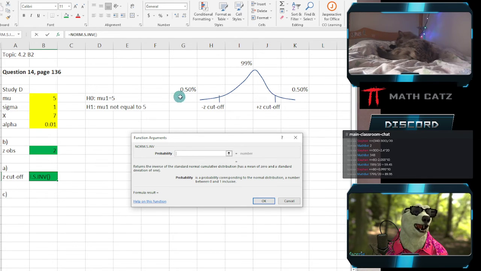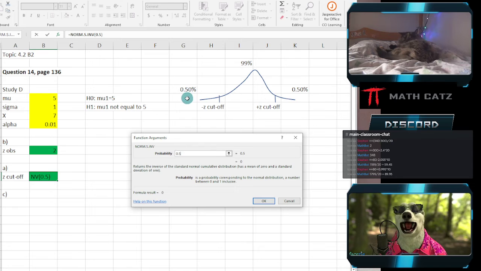Now I can just say 0.5. That's not quite right, because this is a percentage. And when I use a percentage in a calculation, it has to be the decimal version. The decimal version of 0.5% is, you take this, you divide by 100, so 0.005.